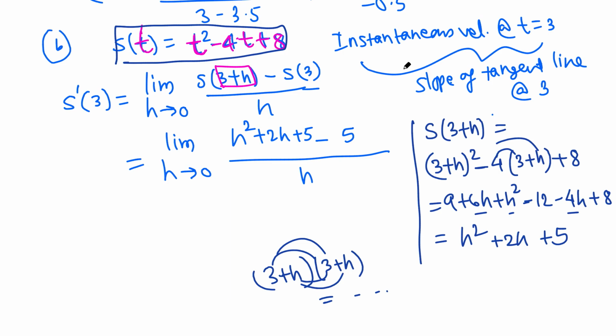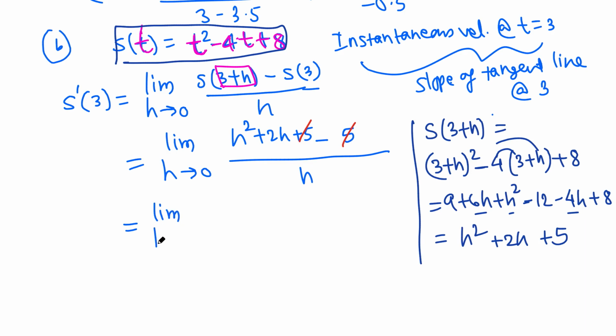With this, now let's simplify the top. Plus 5 minus 5 is just 0. That leaves the limit as h goes to 0 of (h squared plus 2h) over h. Now we can factor h and cancel, leaving h plus 2.